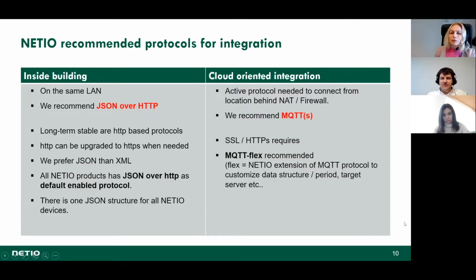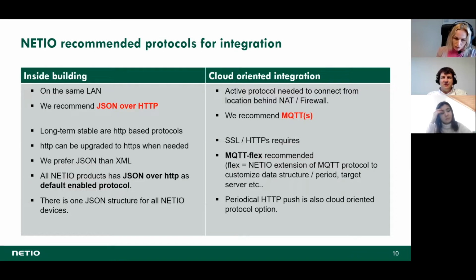Everything is prepared for that. There is an option of periodical HTTP push, but there are troubles with that, and sooner or later you will need to control the output, and at that moment it's a very silly way. So that's about the integration, and that's the reason for MQTT-flex and JSON over HTTP.